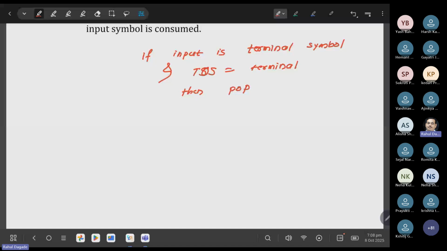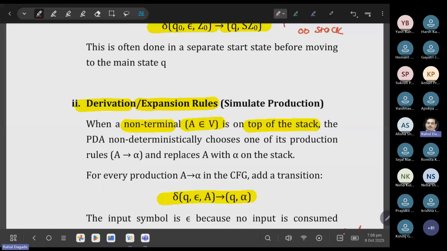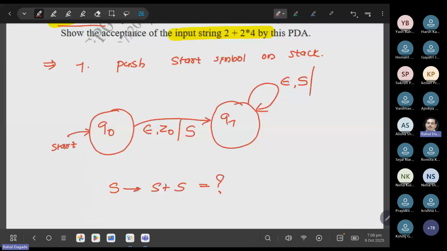The second rule says that when we have a non-terminal, we remove the non-terminal from top of stack and push its production. Now here we have S on top of stack. So when null is the input and S is on top of stack, then push its production, which is S plus S, on top of stack.